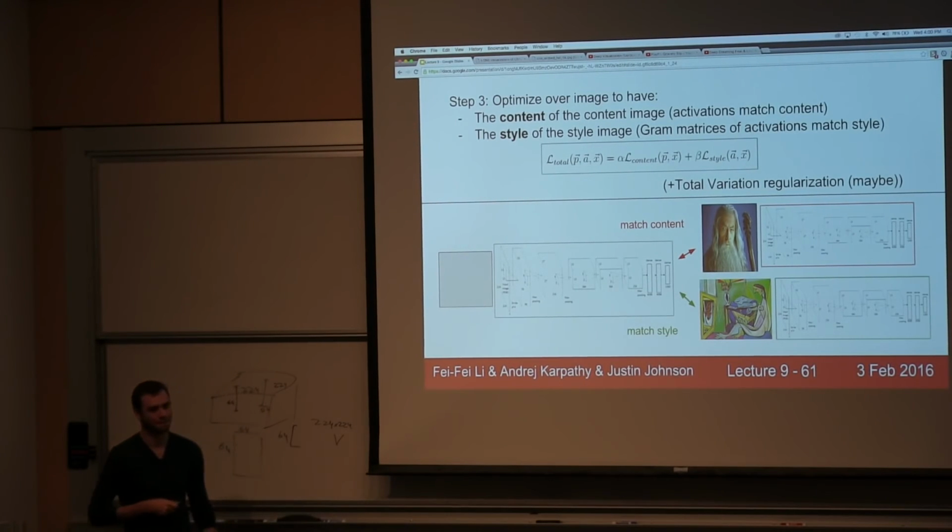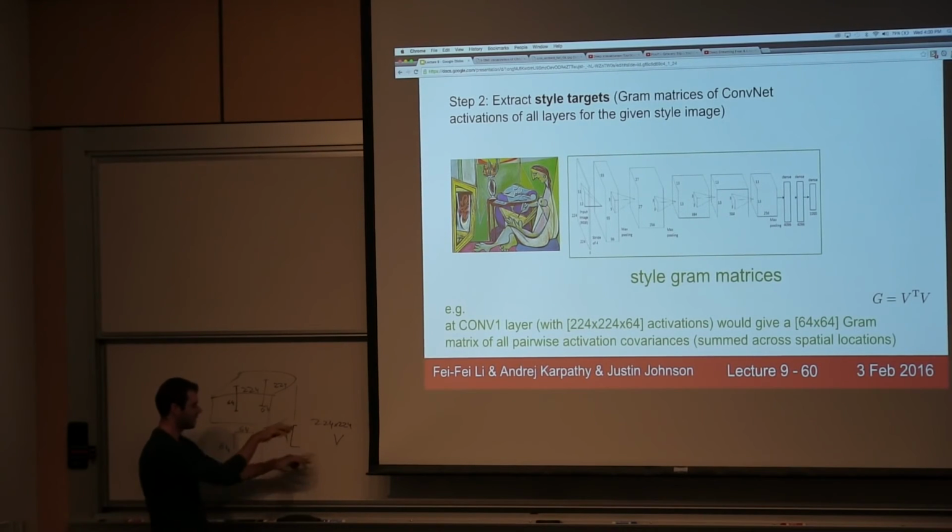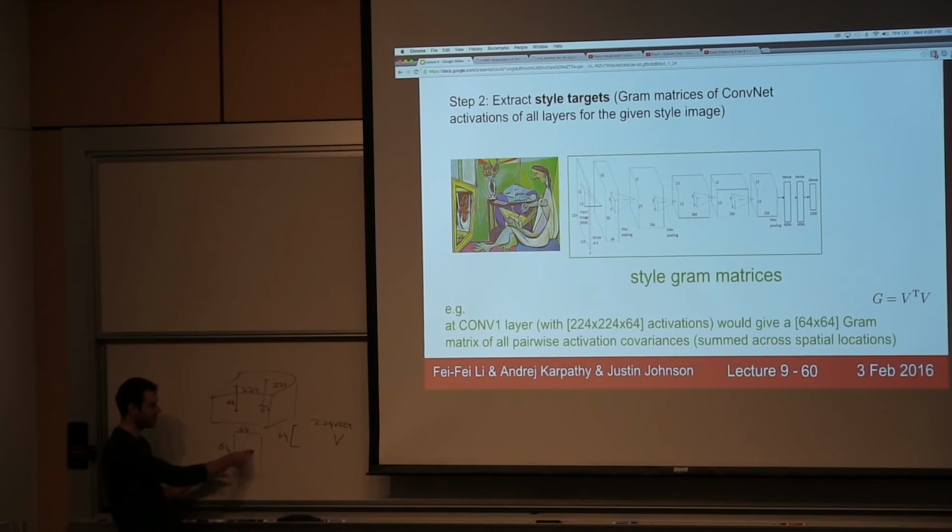Couldn't we see it as some kind of orthogonal projection on the style instead of the pairwise? Could you interpret the V transpose V as some kind of a projection? I'm not sure if I'm fully seeing that. It's like we take all these fibers and stack them as columns, and then when we do this giant outer product of this times S transpose, we end up with a 64 by 64 matrix.